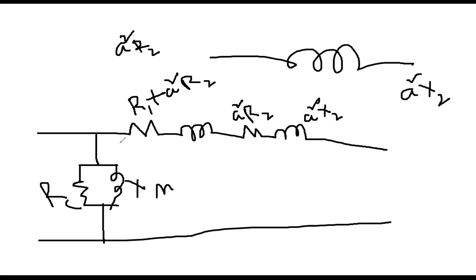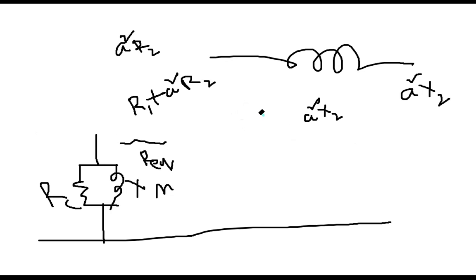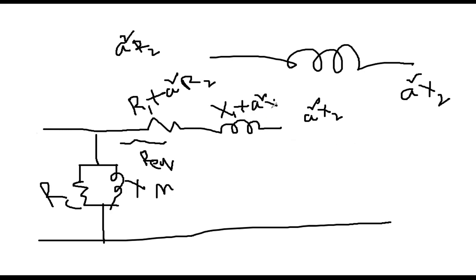You can give this the name R equivalent, because I summed them up. Then for the reactance, I sum up this one with the previous one, so X1 plus A square X2. This means I took that there.